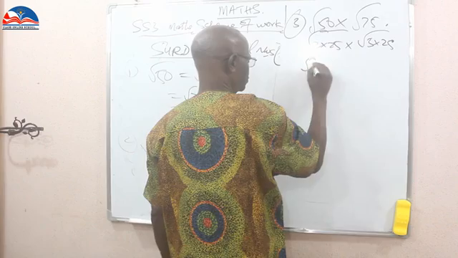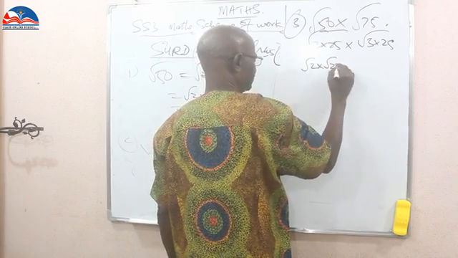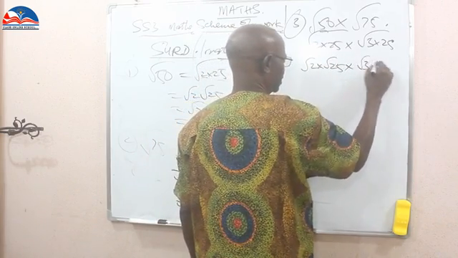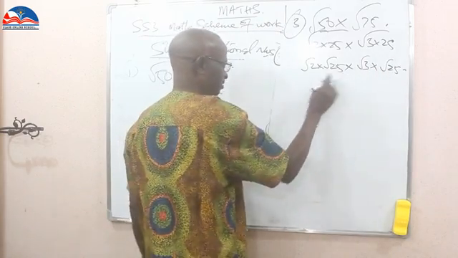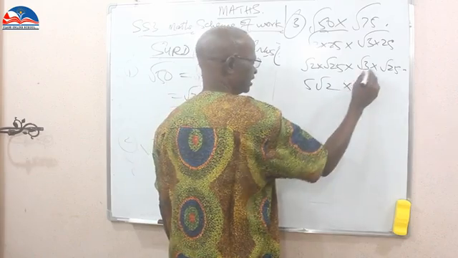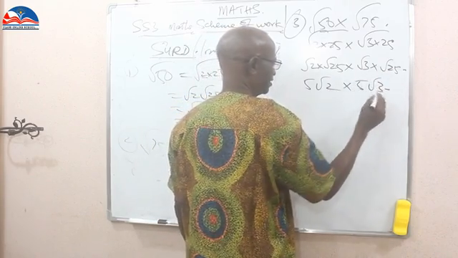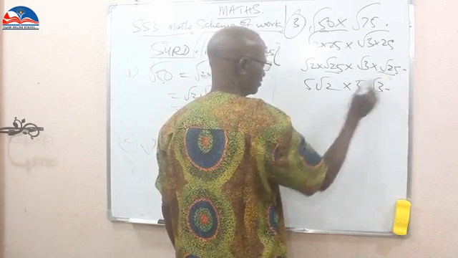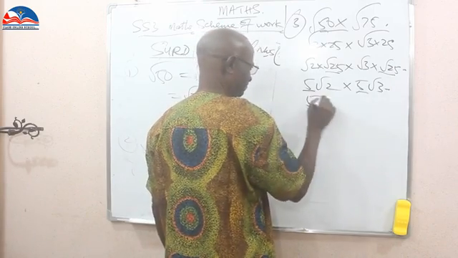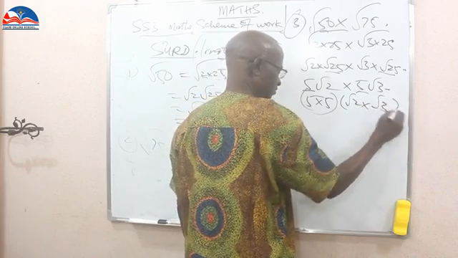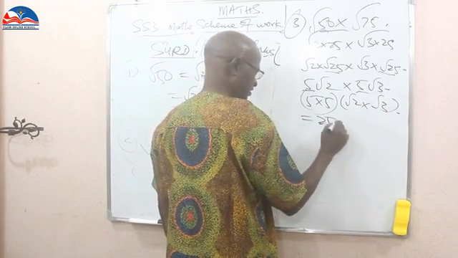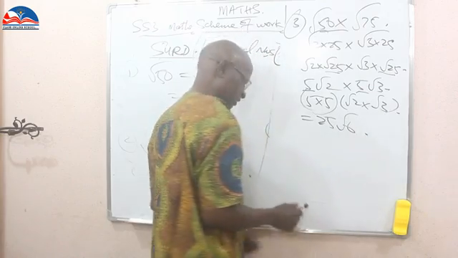Separate them: root 2 times root 25 times root 3 times root 25. Rationalized, it becomes 5 root 2, and here again 5 root 3. Then take 5 times 5, and root 2 times root 3, which becomes root 6.